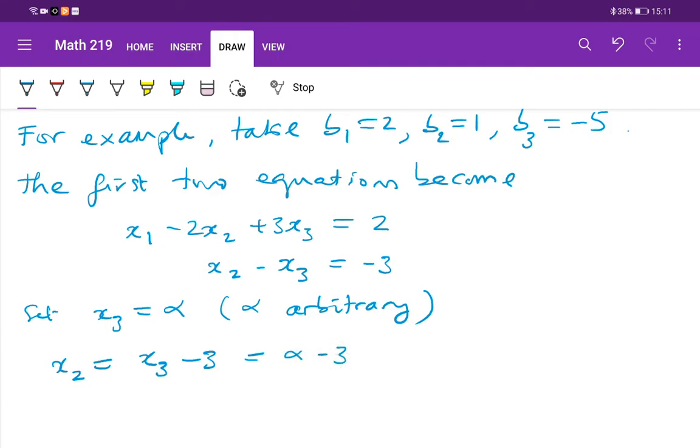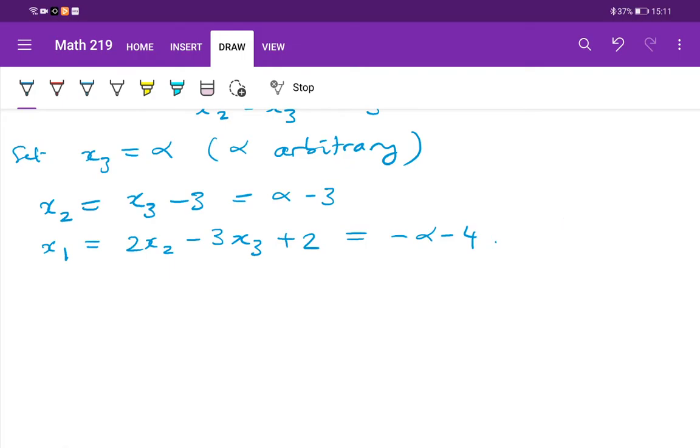And the first equation tells us that x1 is 2x2 minus 3x3 plus 2. If you plug in x2 and x3, you get minus alpha minus 4.